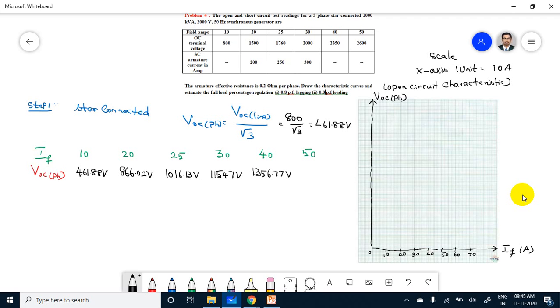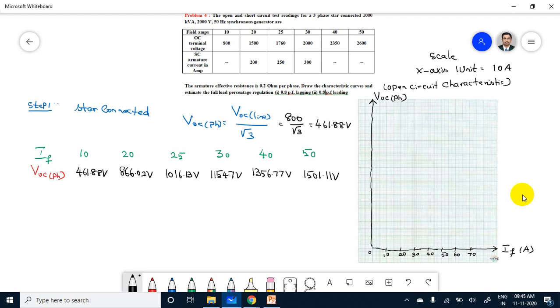For 50, 2600 divided by root 3. 1501.11 volt. Okay, now by seeing these VOC phase readings, we have to set the scale for the y-axis.